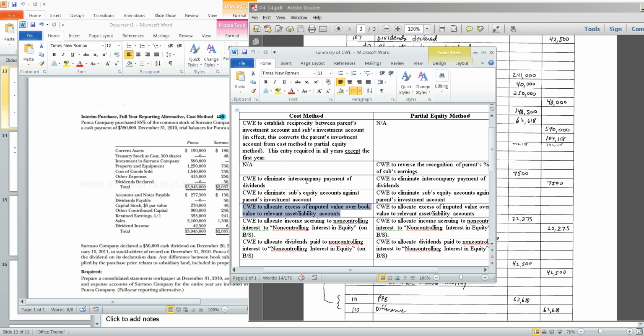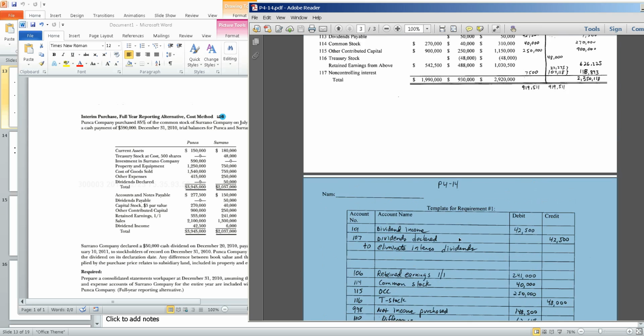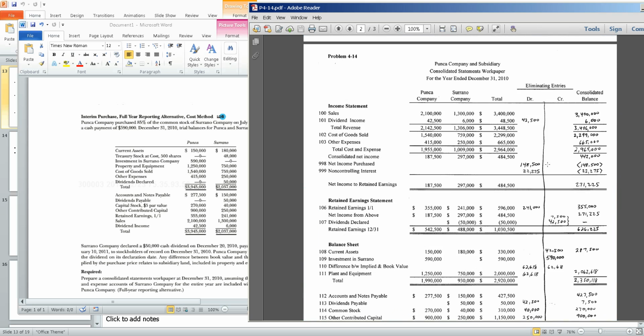The next entry to make is the entry to allocate the income that is accruing to the non-controlling interest. We're going to allocate that to non-controlling interest in equity. Okay, so we go down here and we look at the income of the sub.